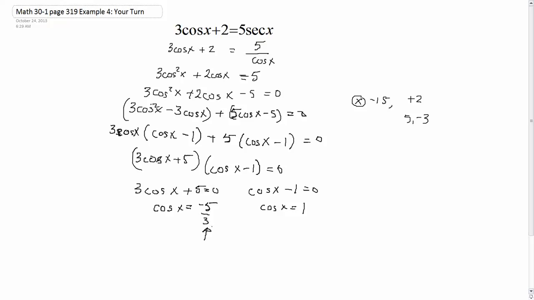We recognize that the cosine must be between negative 1 and 1. We can't have a magnitude or an absolute value greater than 1, and so for this factor there are no solutions.